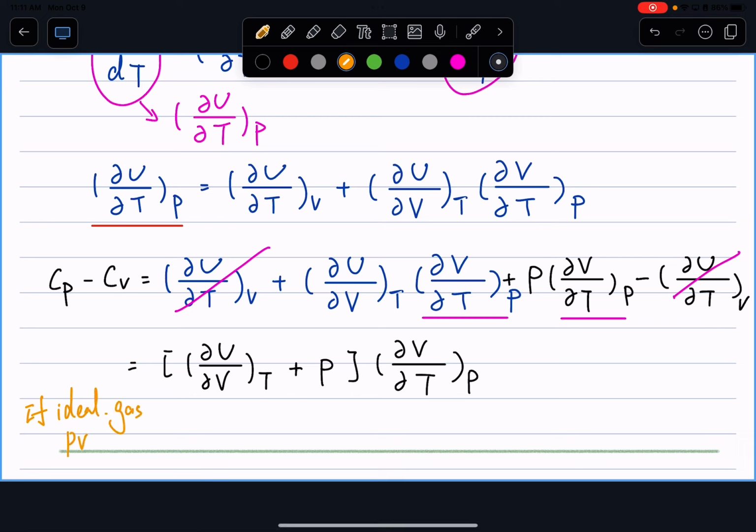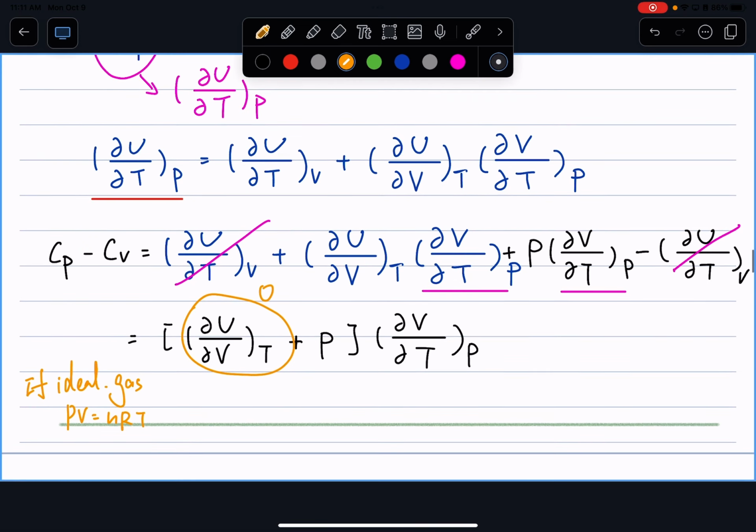We have PV equals nRT. Let me just write it here. So this term becomes 0, and we have our pressure term. And this change of volume with respect to temperature at constant P: V equals nRT over P. So take the partial derivative of volume over temperature at constant P, you get nR over P for this term.